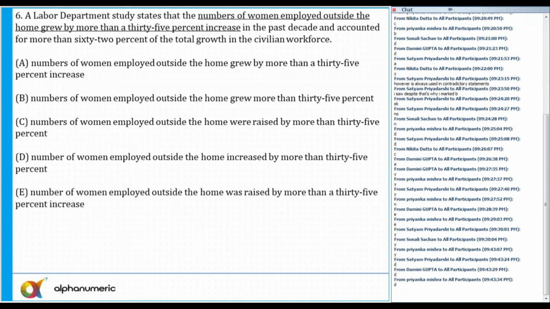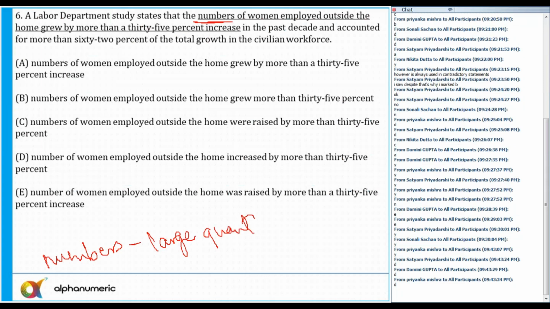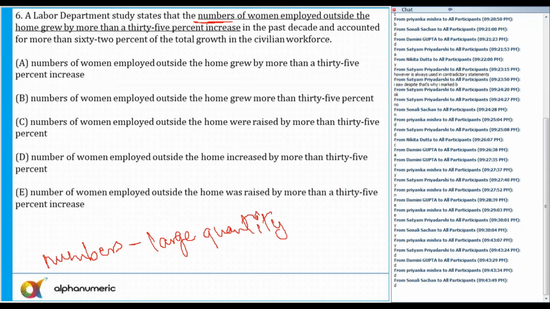Now there are two problems here. Numbers. You can use numbers only when you want to talk about a large quantity.